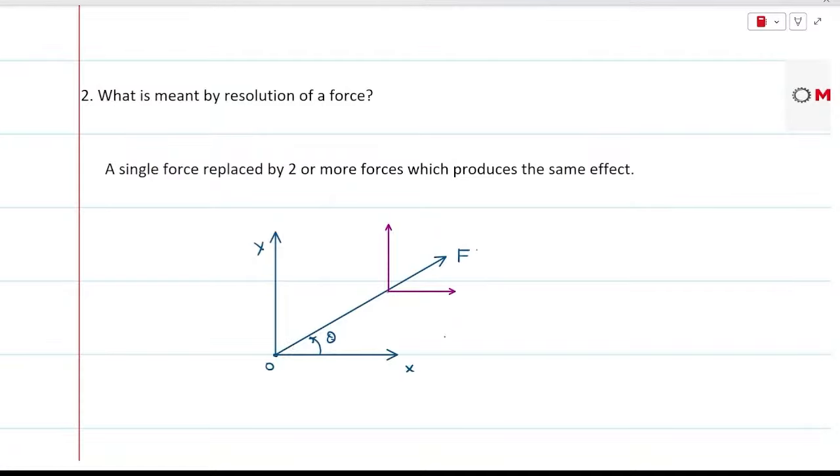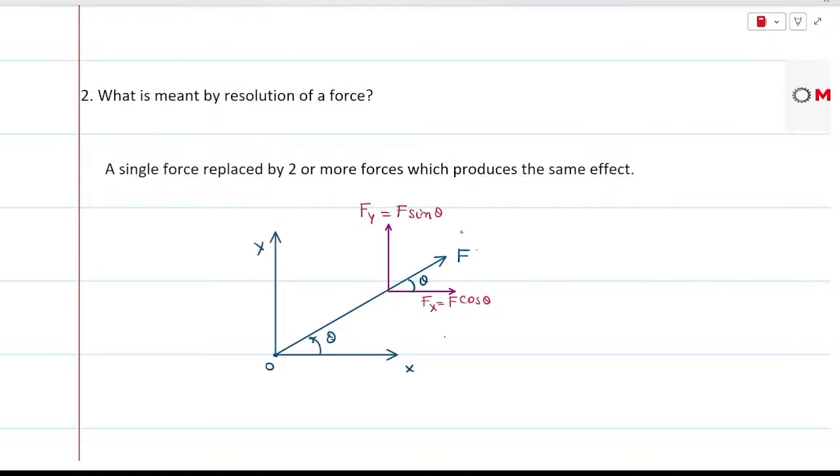So here the theta is marked with respect to horizontal. So the horizontal will always be adjacent to the theta angle marking. That is, the horizontal will be having the cosine as a trigonometric ratio. So the x component or the horizontal component will be Fx, that is equal to F cos theta, and the vertical component, that is Fy, is equal to F sin theta.